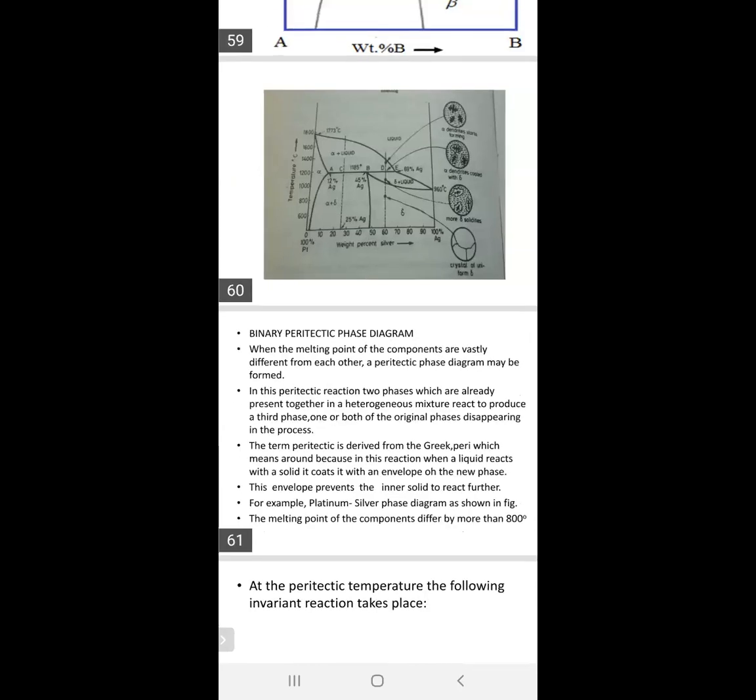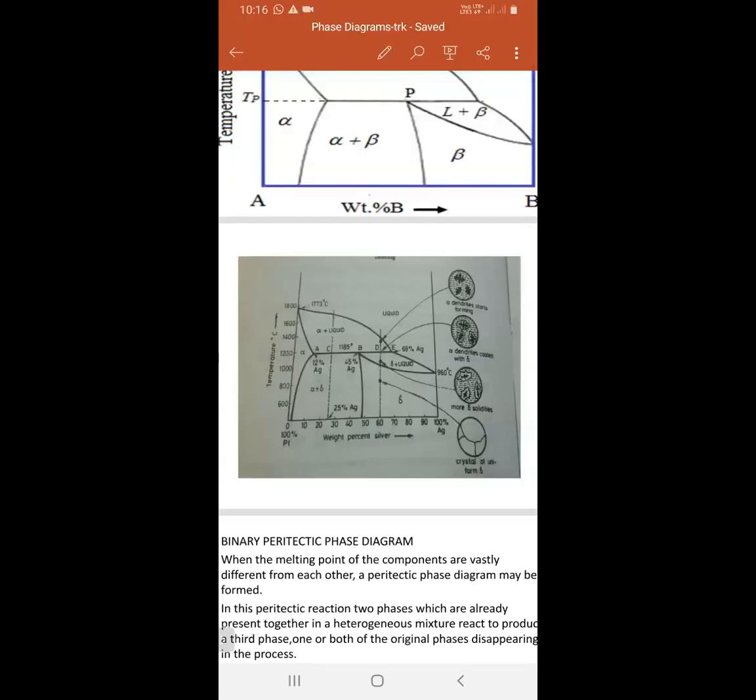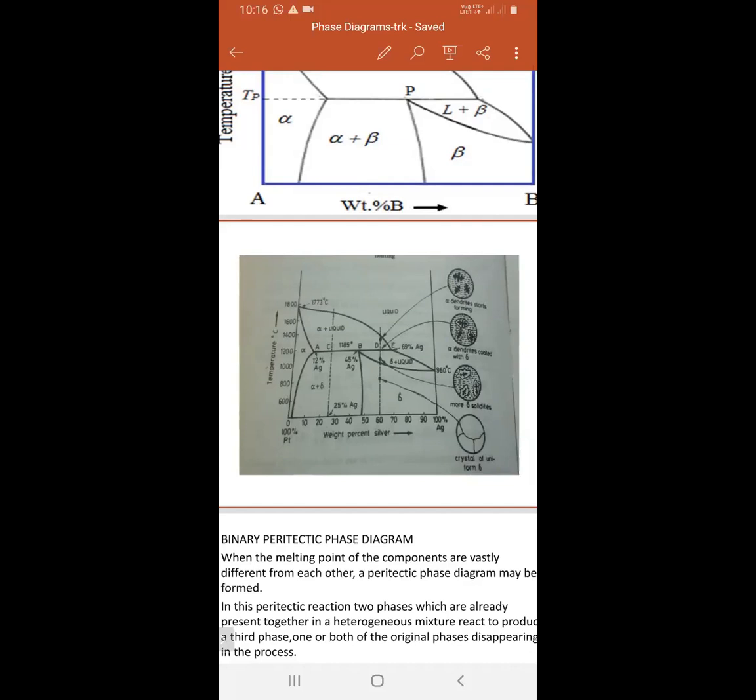Here in this phase diagram, let us see how the phases change. When you heat the two pure metals above the melting point, the metal will be in a single liquid phase.